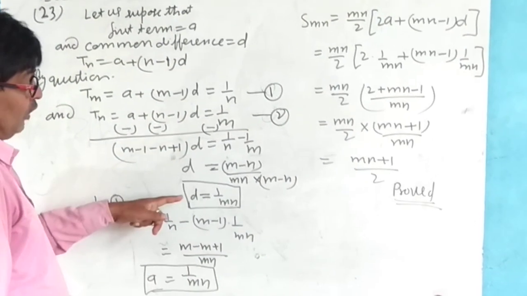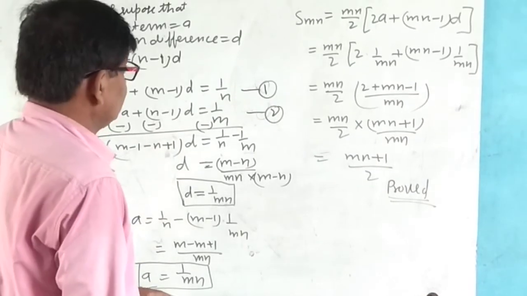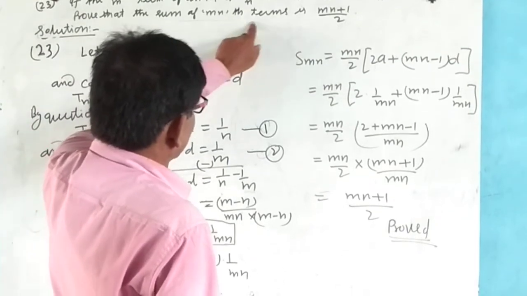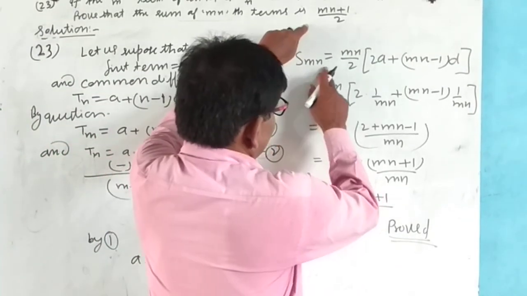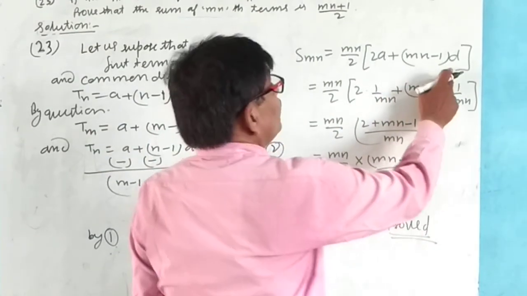Here the value of d and the value of a are known, then we prove that the sum of mn terms is this. Smn is equal to mn/2 [2a + (mn - 1)d].